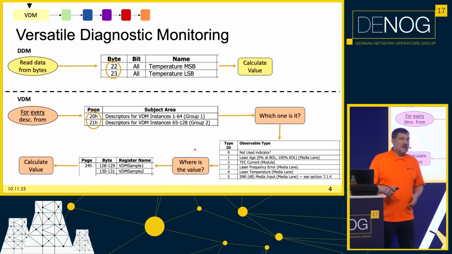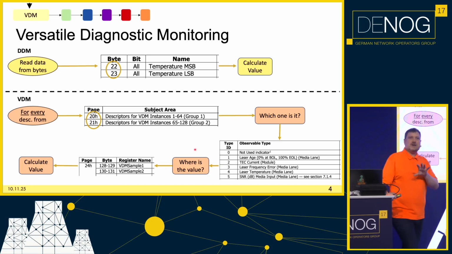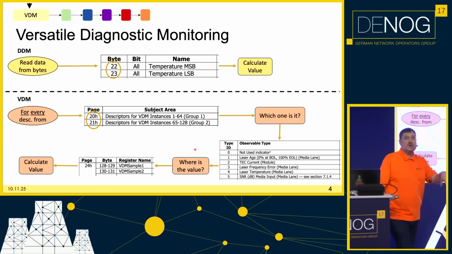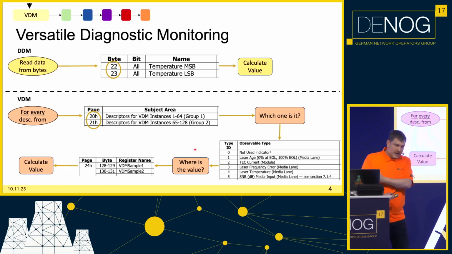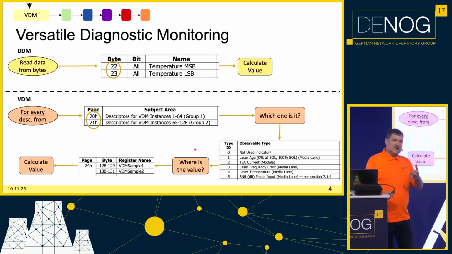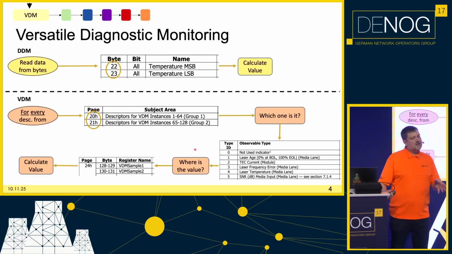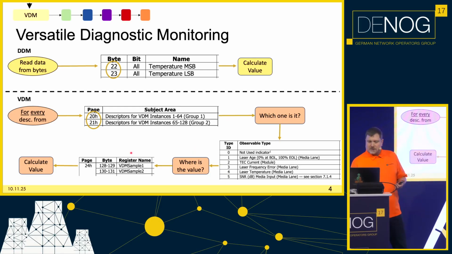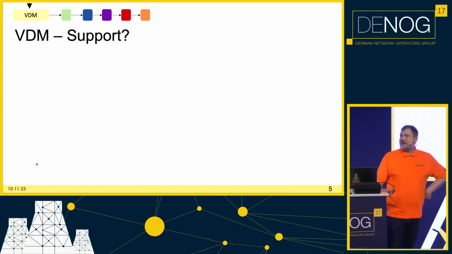And that is a big advantage, especially nowadays, that you have different kinds of transceivers, direct detection, or only laser components on it, or coherent transceivers. With that, you can read it out. And when you know what the laser supports in general, you jump to page 24, get out your value, and it's very similar to the temperature. You have a 16-bit value, 2 bytes, and calculate the value, and that's it. So with this base, we can obtain all the values we are interested in, especially laser and TEC.